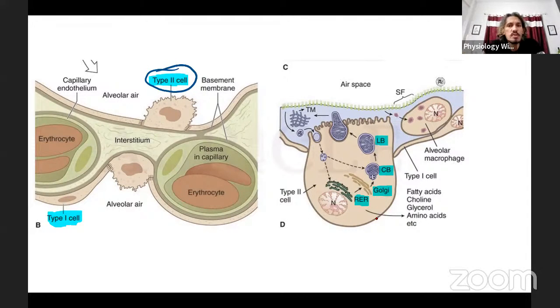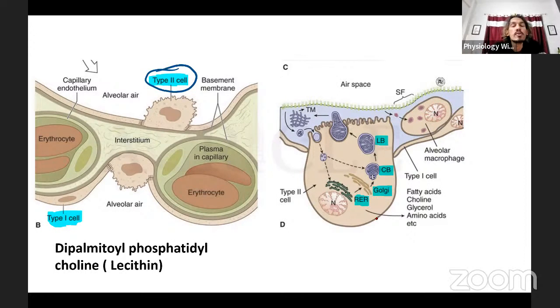And slowly from the lamellar body, it will release into the fluid inside the alveolus as what we call tubular myelin. The most important component of it is dipalmitoyl phosphatidyl choline. This is more of a lipid structure, a phospholipid kind of structure.